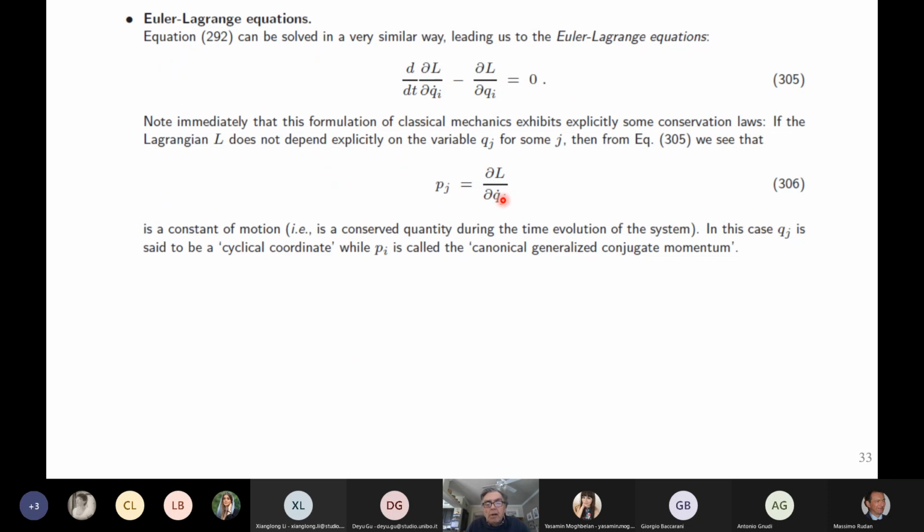So if Q sub 1 is x, this will be just the x component of the momentum. If Q is an azimuthal angle in a problem with cylindrical symmetry, this will be just the component of the angular momentum along Z.